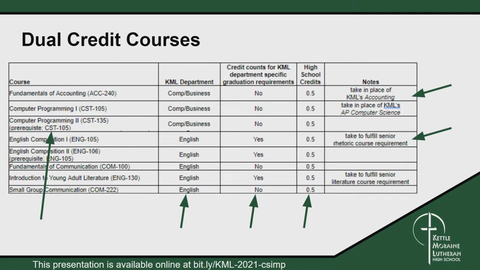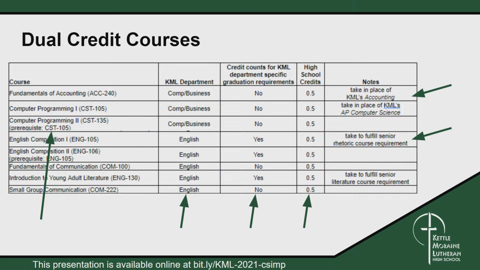Another thing you want to be aware of is which department these courses are in. So these are the KML departments that we've aligned with these courses. Most colleges have a larger variety of departments than Kettle does, so we've matched them up with where we are issuing credit. The third part is the information about whether that credit counts towards department-specific graduation requirements.